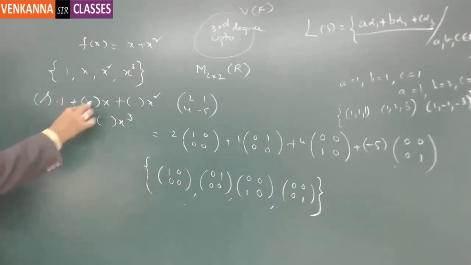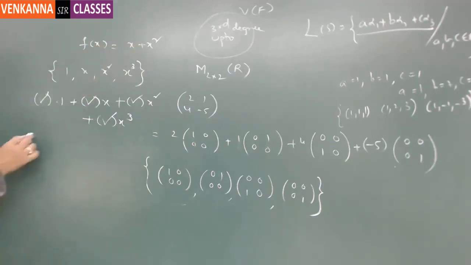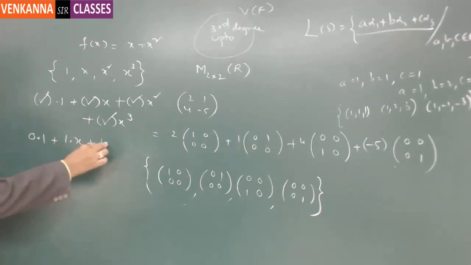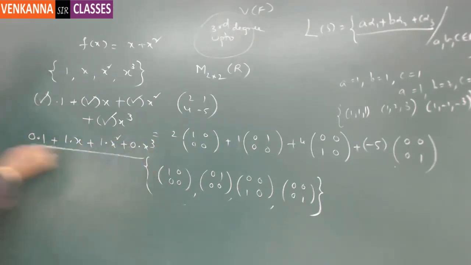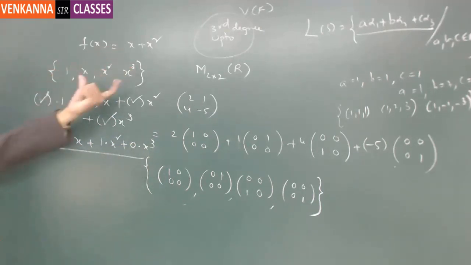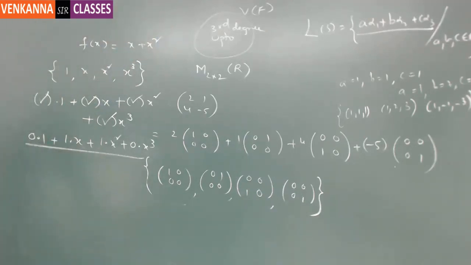These numbers are taken in the field. So for this polynomial you will write 0 into 1 plus 1 into x plus 1 into x square plus 0 into x cube. So every polynomial can be written using these, so this is the spanning set for all polynomials up to third degree. Okay?